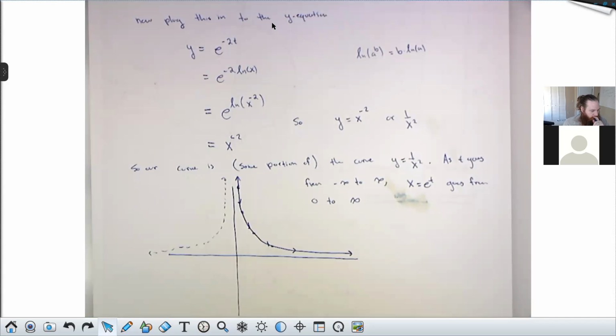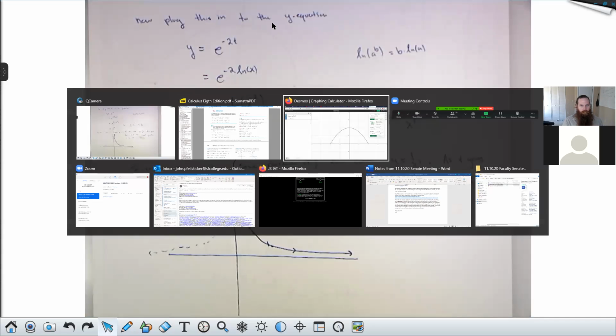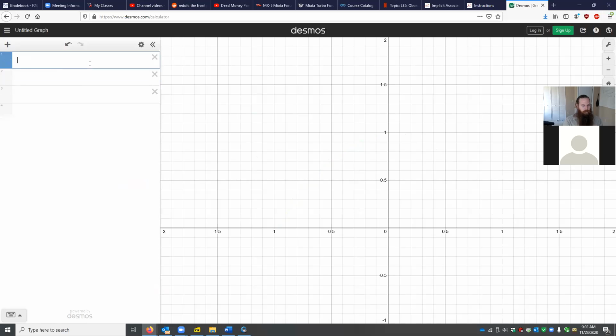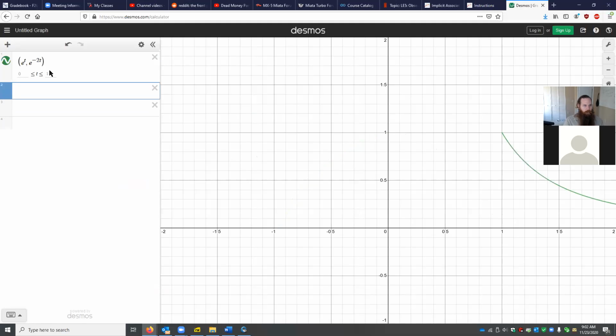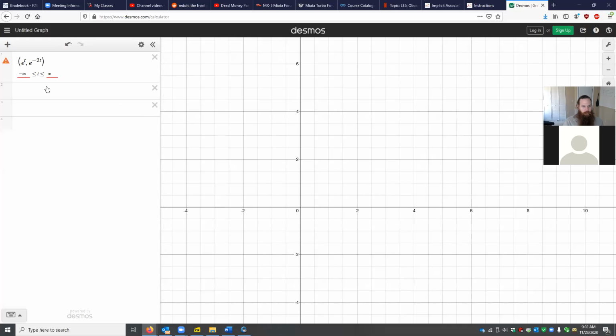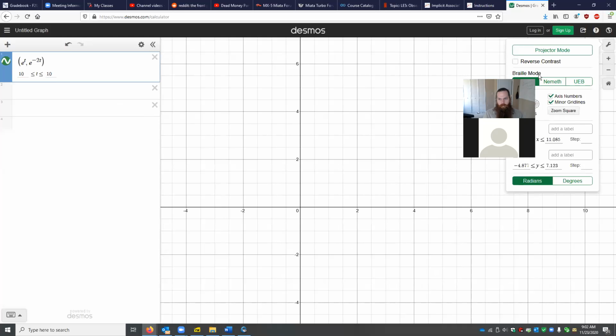Okay. Let's see. Again, we can verify in Desmos, no harm in that. So this was e to the t for x and e to the negative 2t for y. And my t's are allowed to run from not 0, but negative infinity to infinity. Oh, this doesn't like that for some reason. Now let's try a negative 10 to 10. And let's try resetting our scales here.